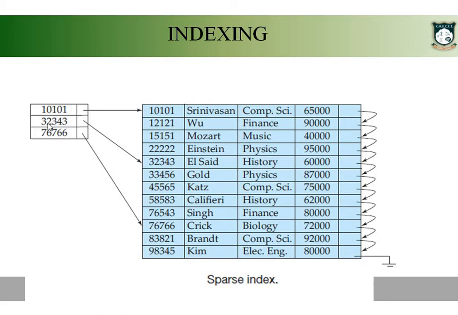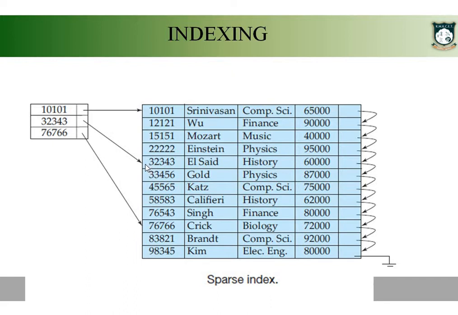If your value falls between two index records, it means that it is available between the two pointers. You are looking for the instructor with ID 33456, but in the index you have 32343 here. So the record you are looking for will be available after the location pointed to by this pointer.